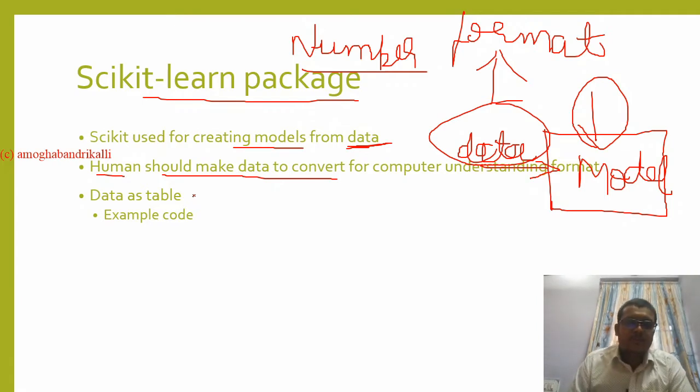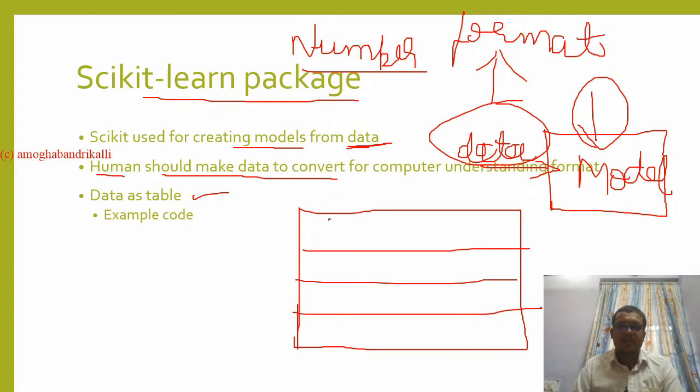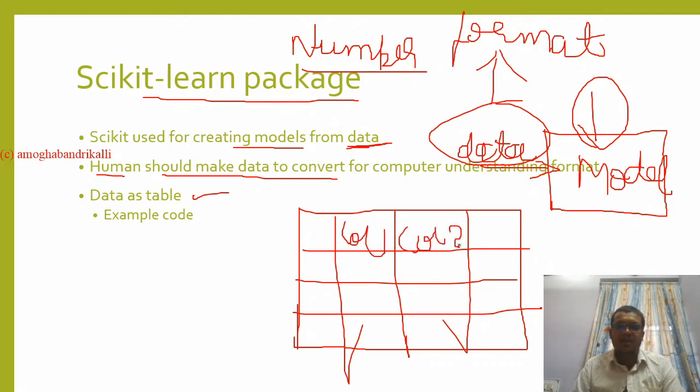So data will be like a table. A table means the data set will be provided in the form of CSV files. And as you've seen in yesterday's session, the data set will be in the form of tables like this. You'll have column 1 name, column 2 name, column 3, and you'll have labels.